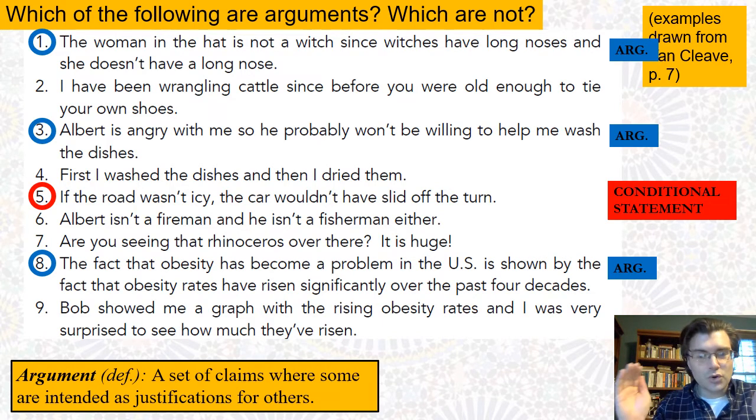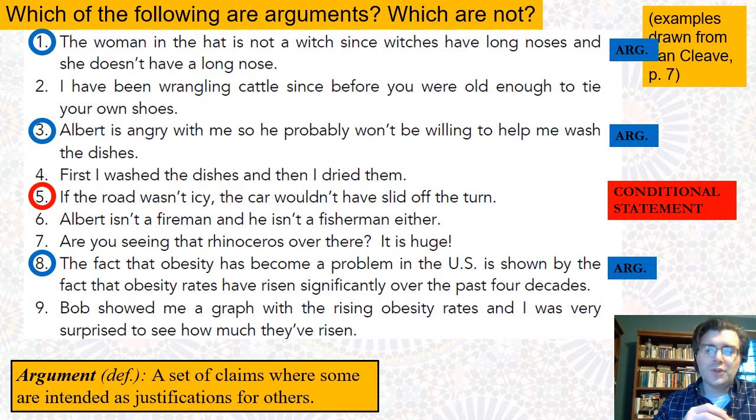And that is a single claim. It's a claim about a hypothetical situation. It's a claim about conditional relations between ways things can be. Okay, but it's still just a single claim. It's not two claims. And because it's not two claims, then it can't be an argument, right? Because it can't be that one of the claims is being offered in support of the other, because there isn't more than one claim. There's just one claim.